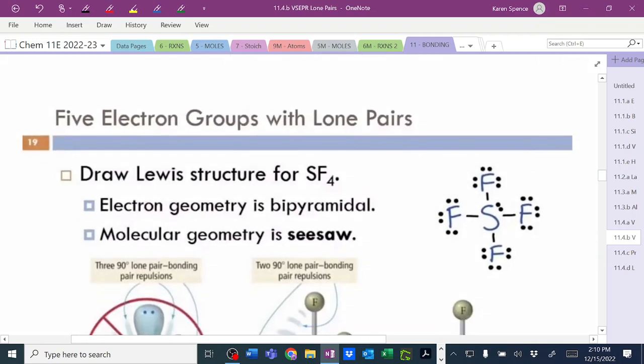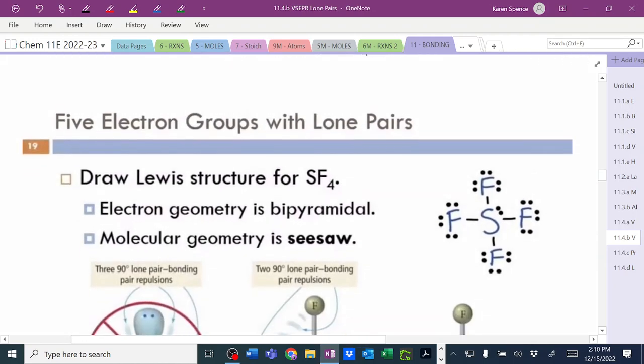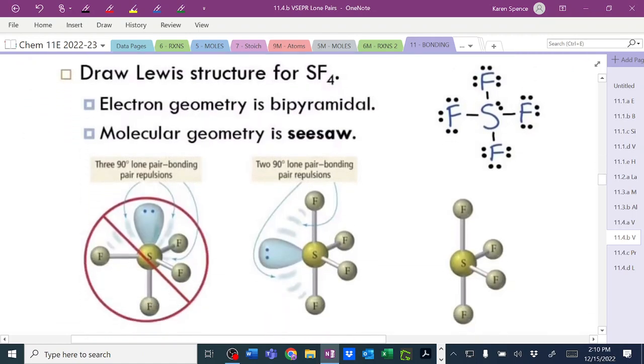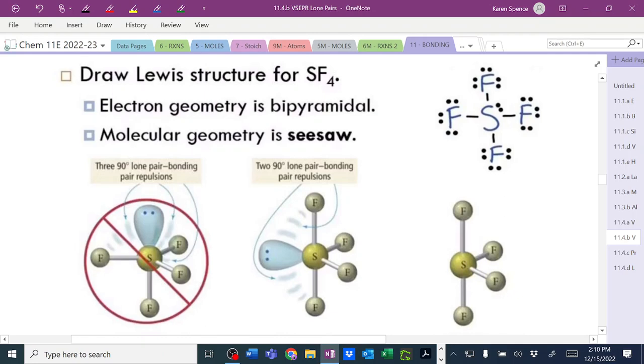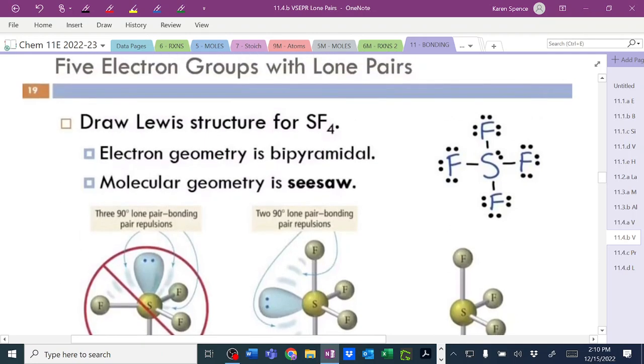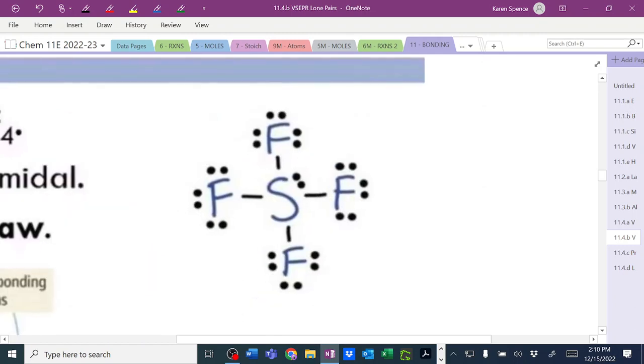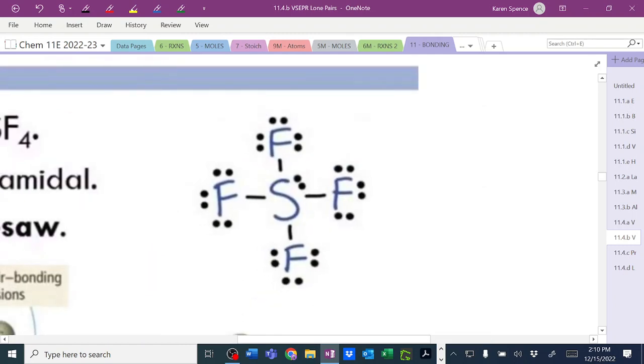Now we come to my very, very favorite shape. We have here 5 electron groups. In this case, we have SF4, and you'll notice the Lewis structure for SF4 has 4 bonds and a lone pair.